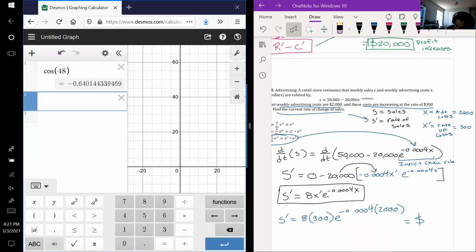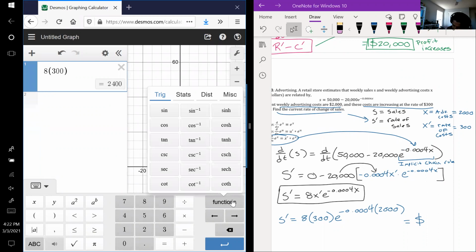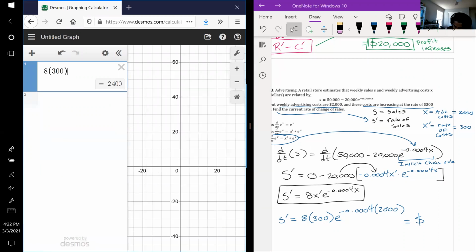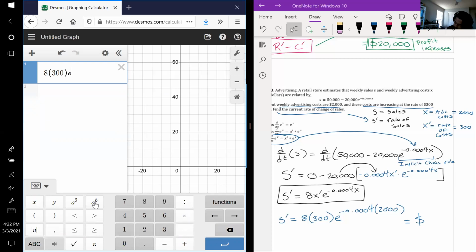It's 8 times 300, and then e raised to the negative 0.0004 times 2,000.